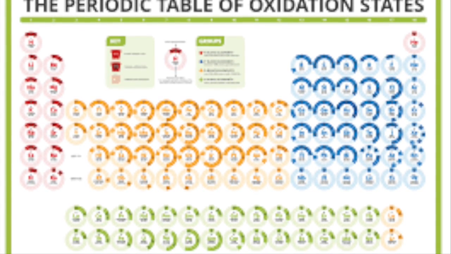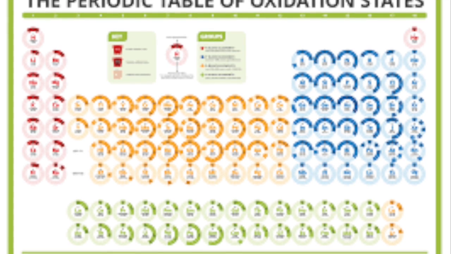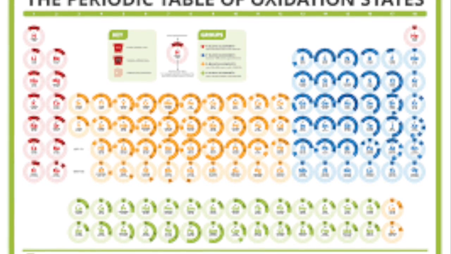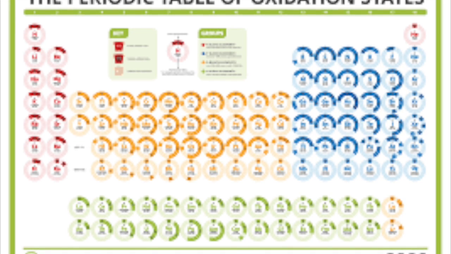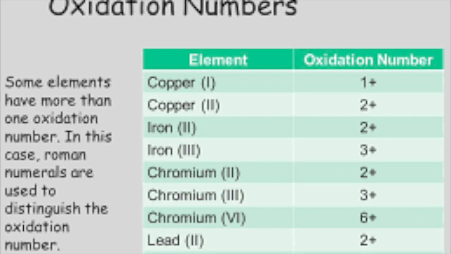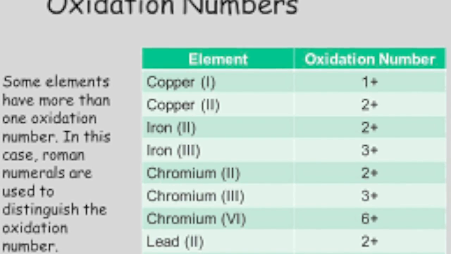They're less predictable because they have certain numbers next to them, and you have to know kind of what the number will be based on their charge. And you're going to represent that with Roman numerals.